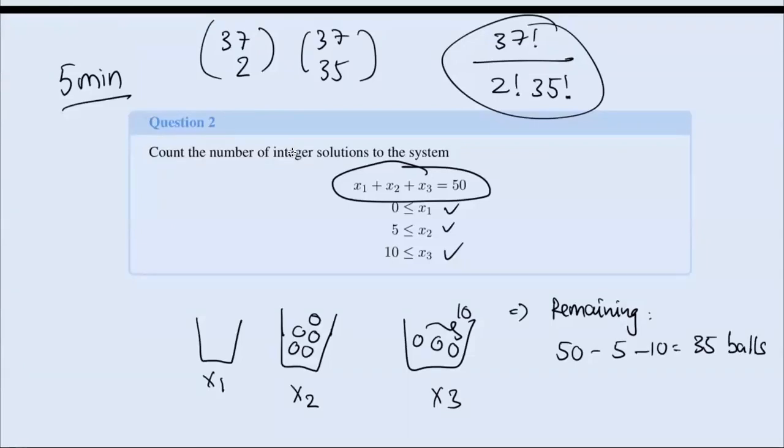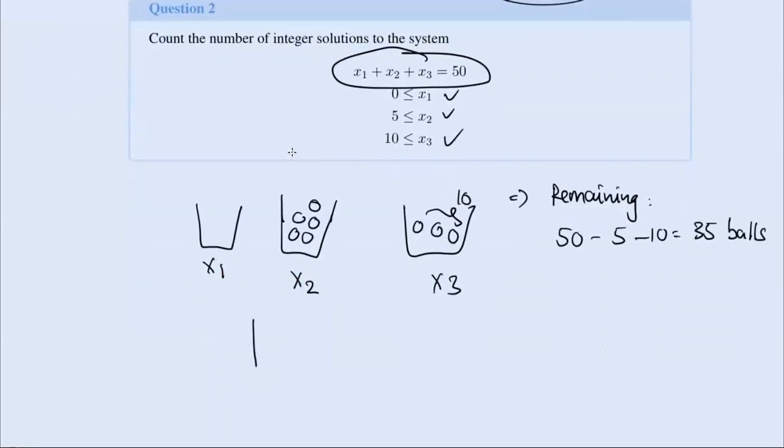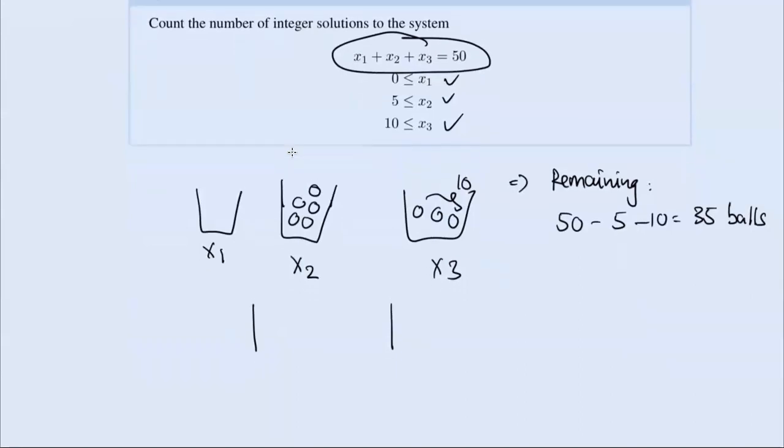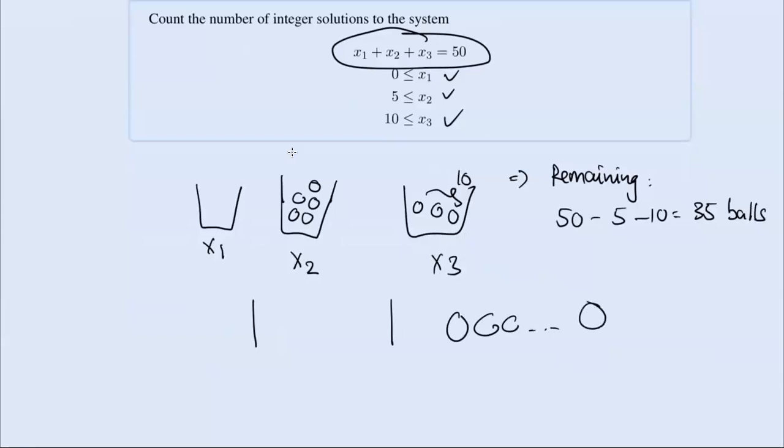So now it is a problem of how many ways are there to distribute 35 identical balls into 3 bins. You can use 2 dividers to separate 3 bins, and then you have 35 identical balls.